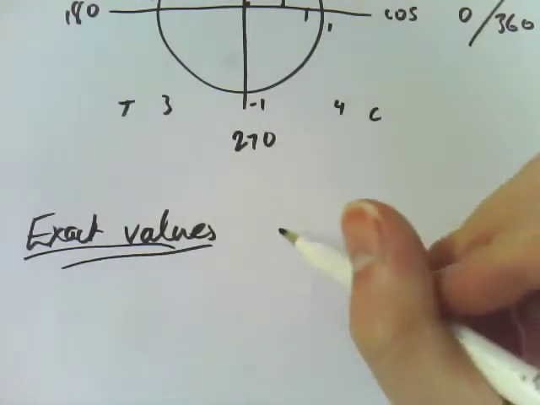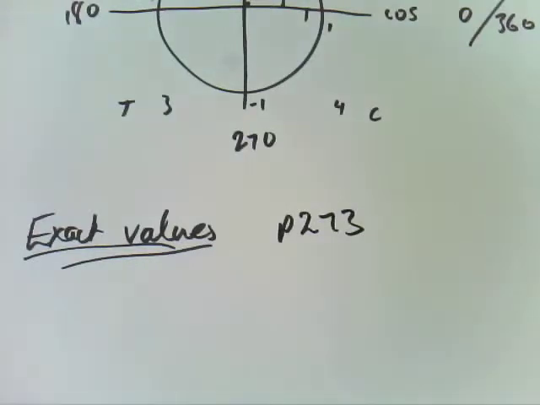But have a look on page 273, and you get the exact values in degrees for what turns out to be the whole unit circle, and we'll discuss that when we get to 6D. So the exact value of sine 30 is 1/2. Cos 30 is root 3 over 2.